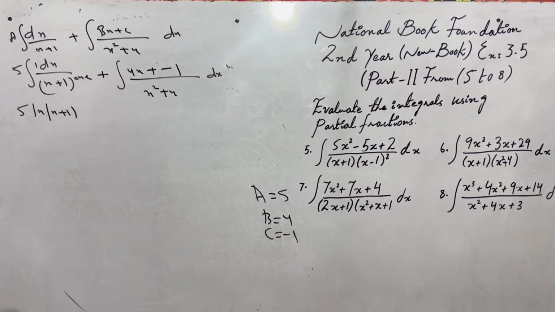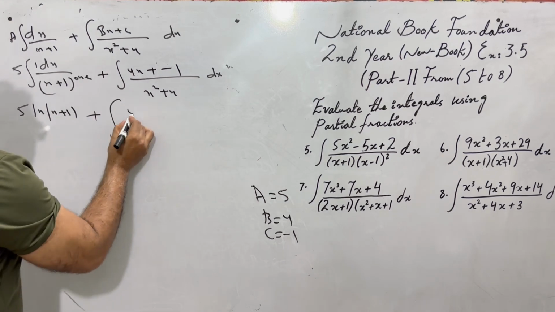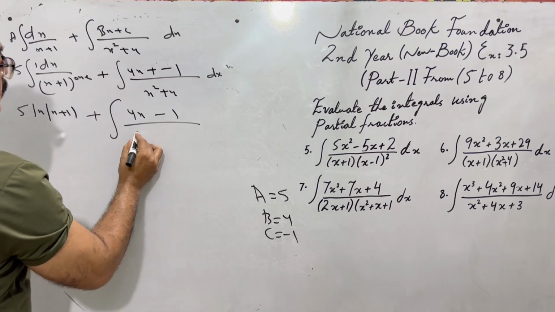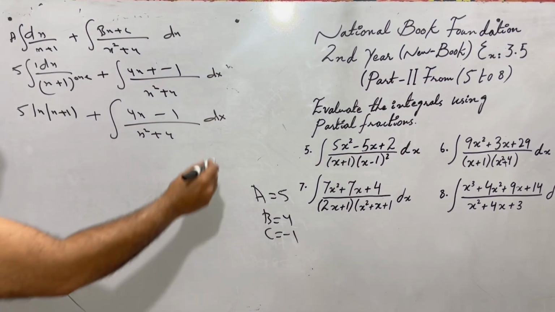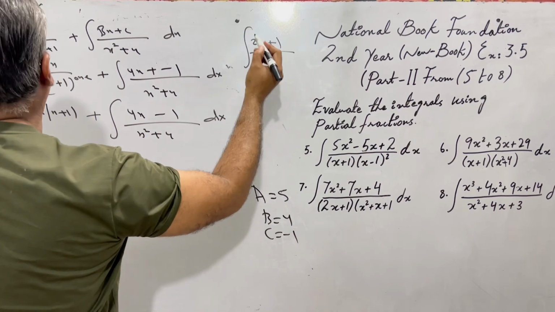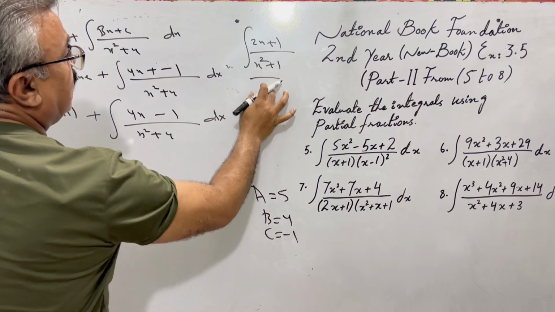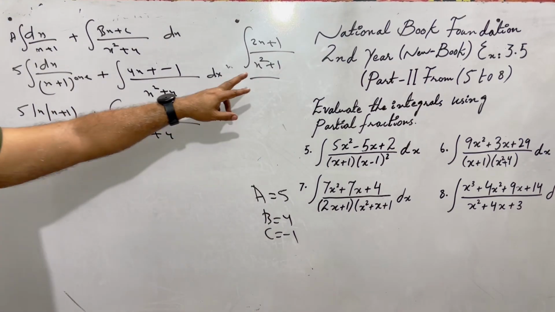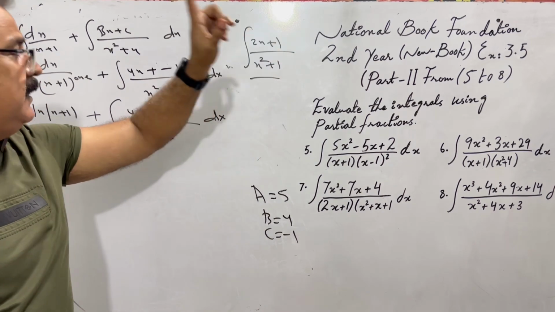Still we have to grind to solve this, but it's a simple one now. 4x minus 1 divided by x square plus 4. If you recall the situation we have done somewhere in your 3.1, with a function's derivative and tan inverse situation being present, we have done so, you can recall.